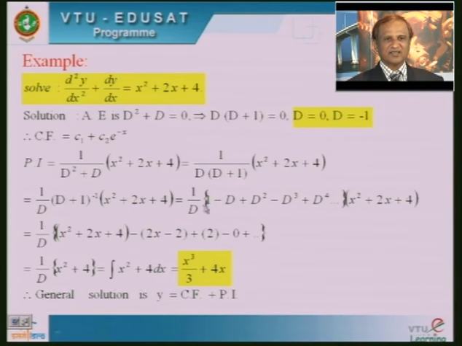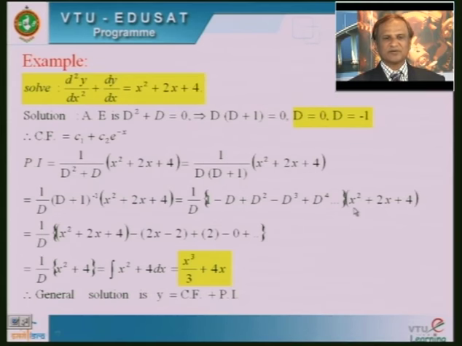Now, as usual, 1 upon D can be written as it is. I will multiply, so 1 into normal multiplication, 1 into x square plus 2x plus 4. I hope I will get the same thing. So, minus, I have written as it is. D of all these terms means derivative of these terms.